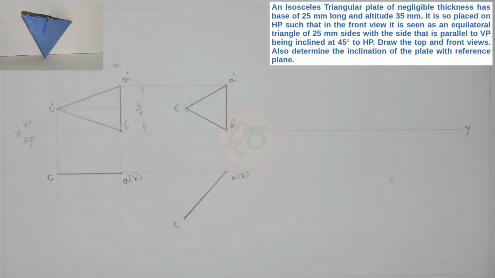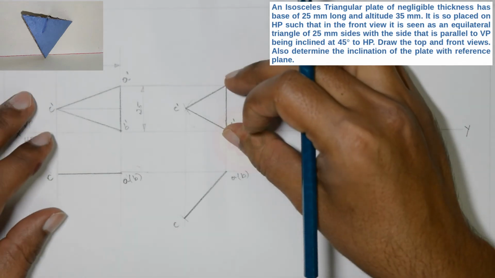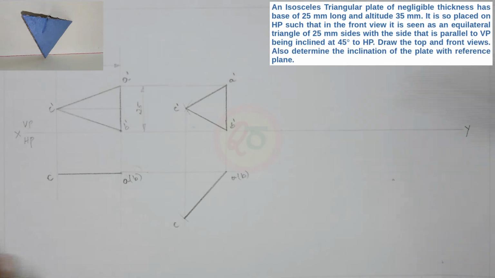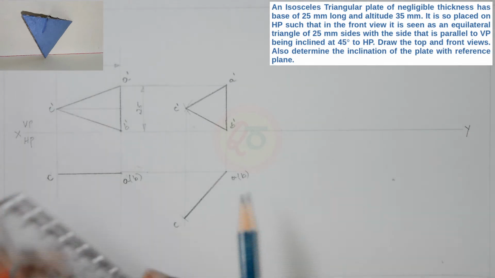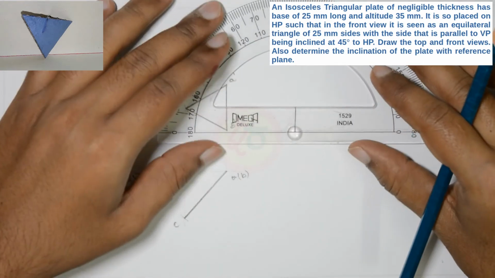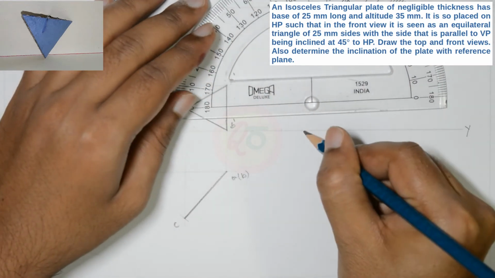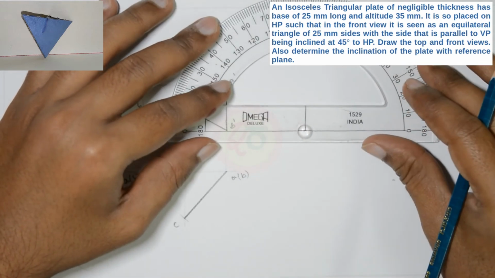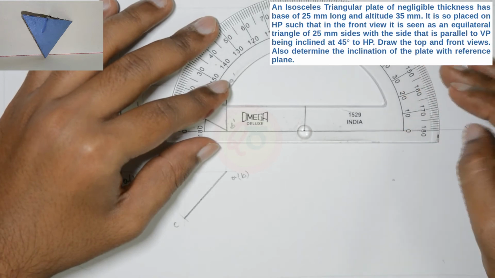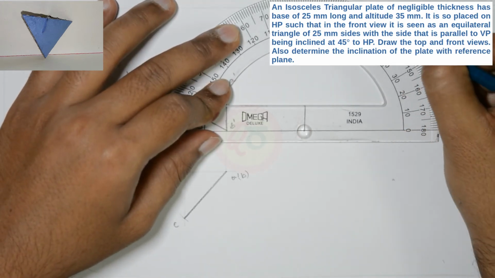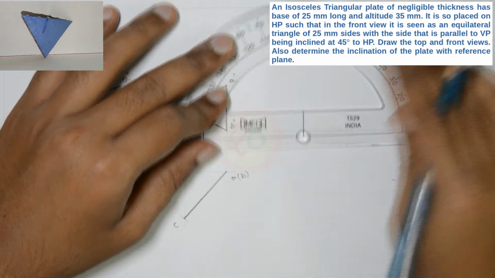In order to draw that, we will again rotate it anti-clockwise. So, in order to place it anti-clockwise, let me use a protractor sufficiently away, mark a point, and on that point mark 45 degrees to HP from the left end. 45.